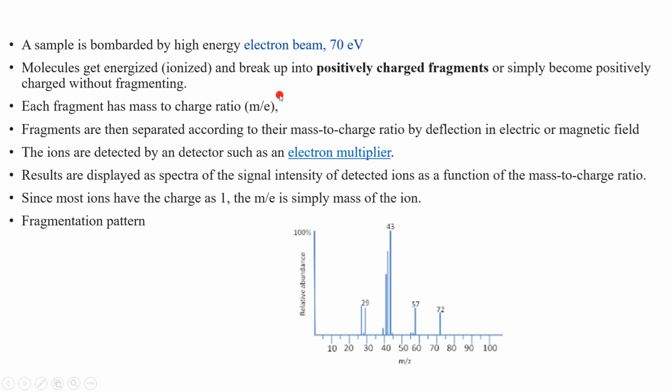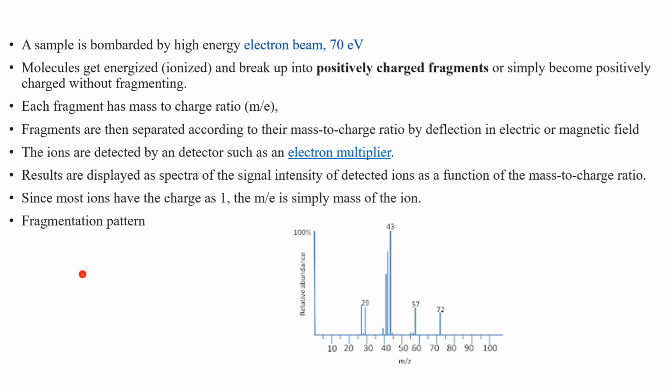Each fragment is identified by its mass to charge ratio. Generally the charge is considered to be 1, so whatever fragments we get are nothing but the mass of that ion. Depending upon the mass to charge ratio, these fragments are separated. They are detected by a detector, and then we get a graph. This is called a fragmentation pattern.